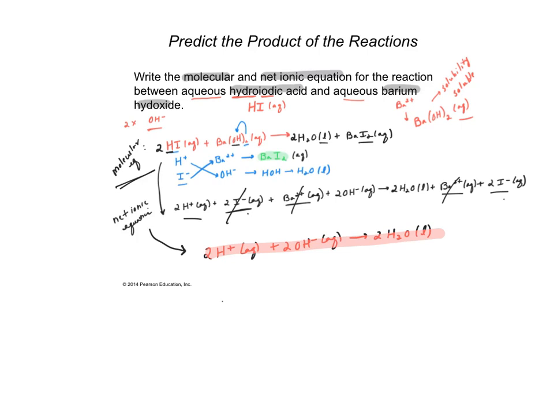Just note that with respect to acid-base reactions, as long as this salt is soluble, then this will always be the net ionic equation for an acid-base reaction. Always H plus and OH minus going to make liquid water, as long as this salt is soluble. If it's not, then things will change with respect to the net ionic equation.